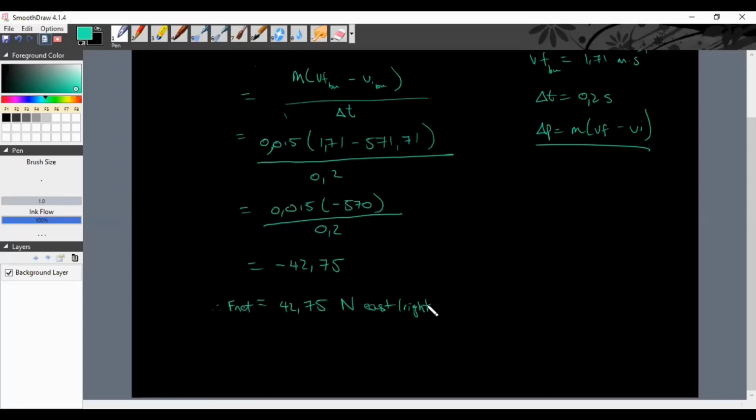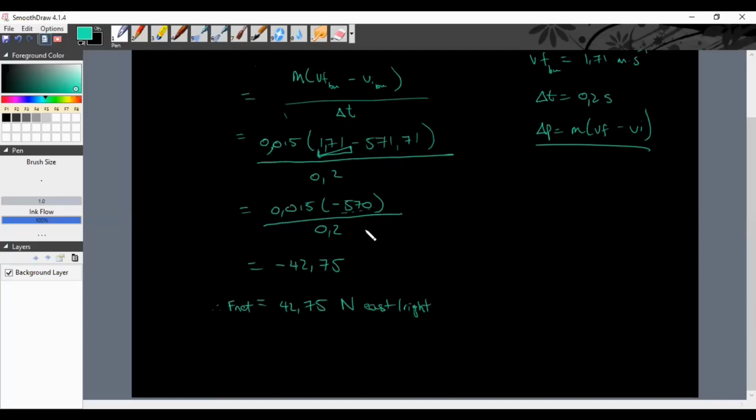The only reason is that, remember, the final velocity of the bullet in the block was 1.71. Usually, if an object was still going in the same direction, it would have been a positive answer, so maybe this would have been over 571.71. Because it got stopped in the block, it got slowed down by 570 meters per second.